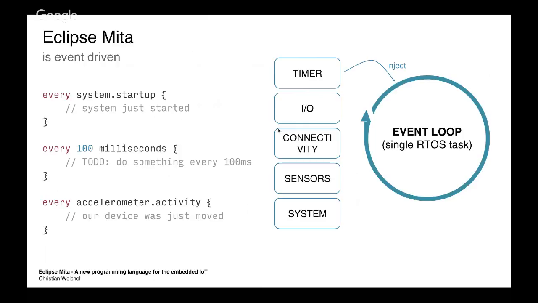This has a few benefits, most notably that we don't have to worry or deal with different execution contexts. So all your code will always get executed in the same context, not, for example, in an interrupt service routine context. And it also means that we don't have to worry about concurrency simply because there isn't any.